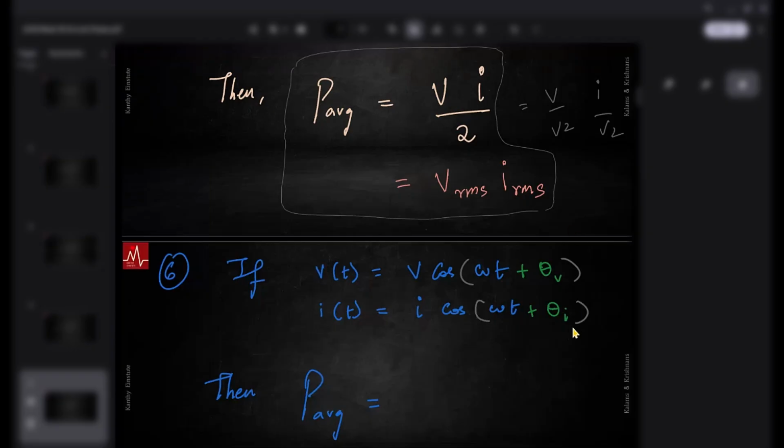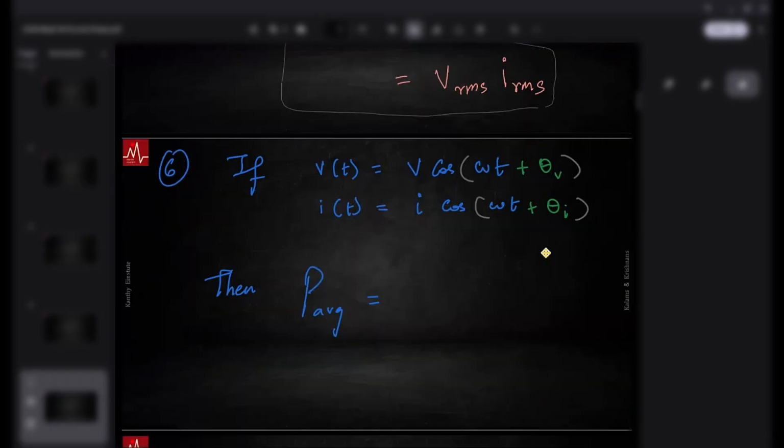So cos of theta v minus theta I, integral of that averaged over a time period T. So in the exam, even if we had forgotten it, if we had the product to sum formula, you could have technically written down the answer right now, recognizing, hey, there is a constant and then there is a sinusoidal, whose integral will be 0. Constant integral is fairly easy, pull out the constant.